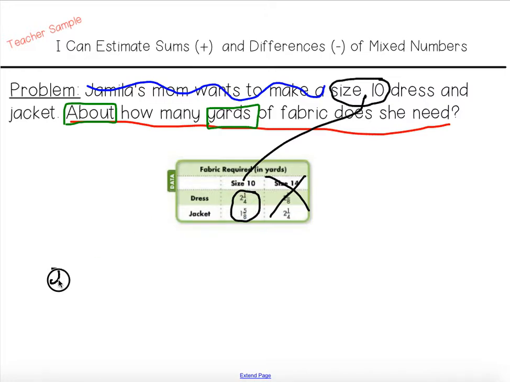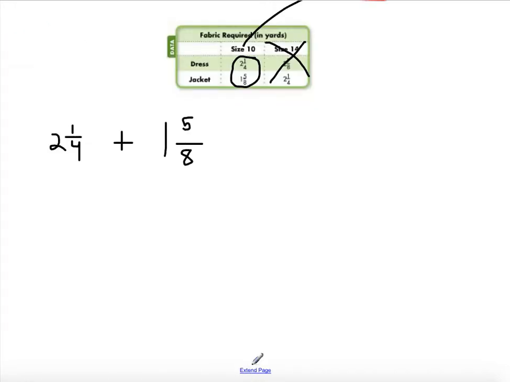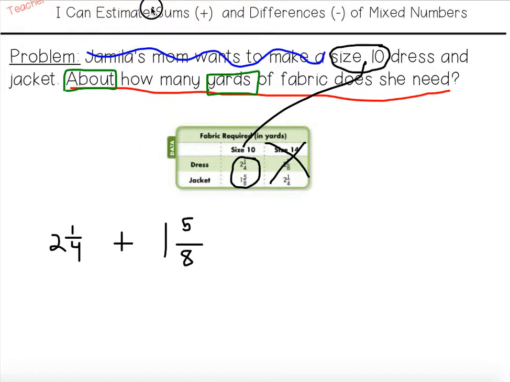So 2 1/4, which is the amount of fabric needed for a size 10 dress, plus 1 5/8, which is the amount of fabric needed for a size 10 jacket. Now, remember, I can't stress this enough. We are estimating about how many yards she needs. We don't need the exact amount.